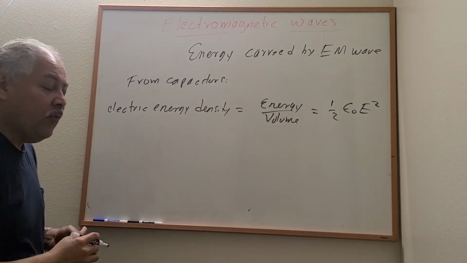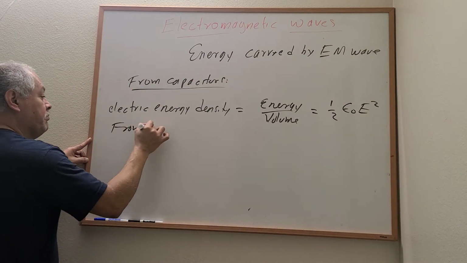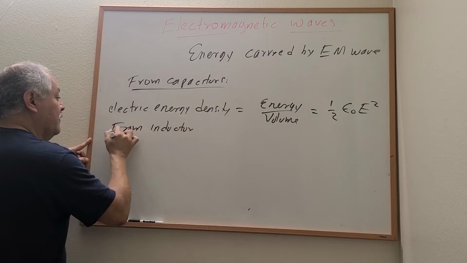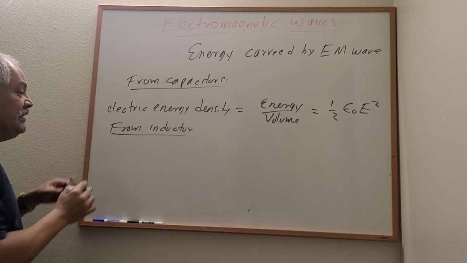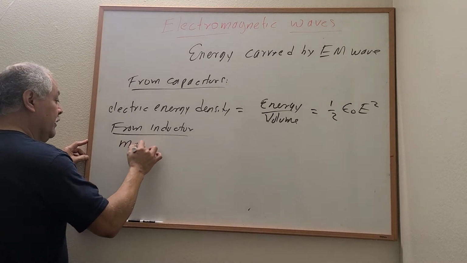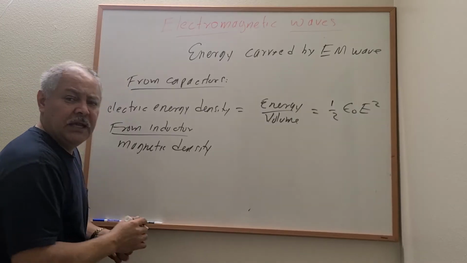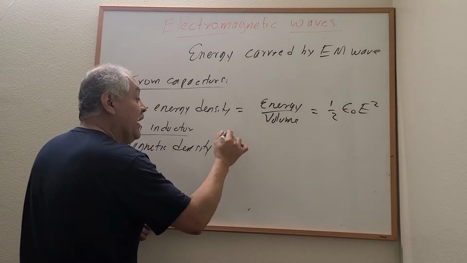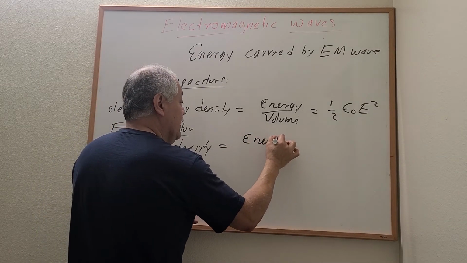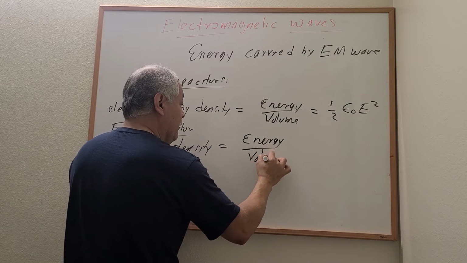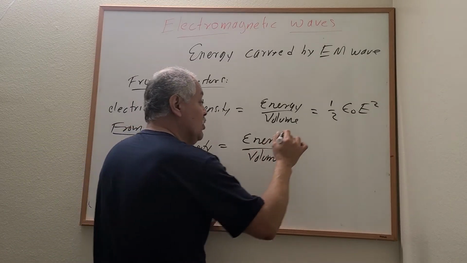The same thing happens using inductors. From inductors, we have the same thing: the magnetic energy density is equal to energy divided by volume, and in this case it is the magnetic field squared divided by 2 mu naught.